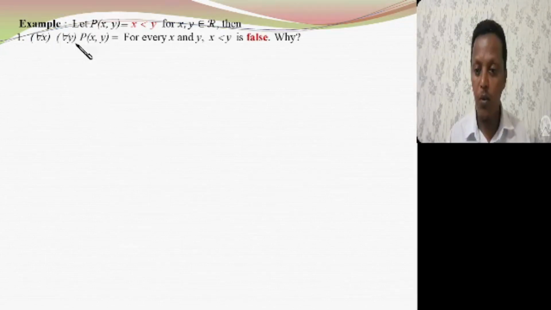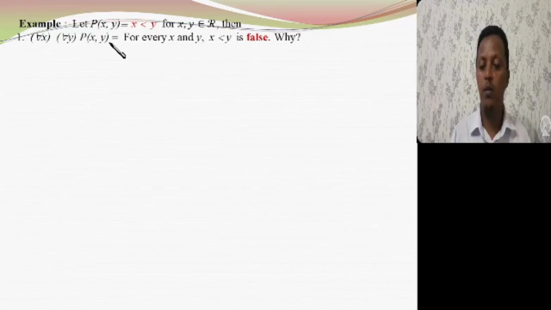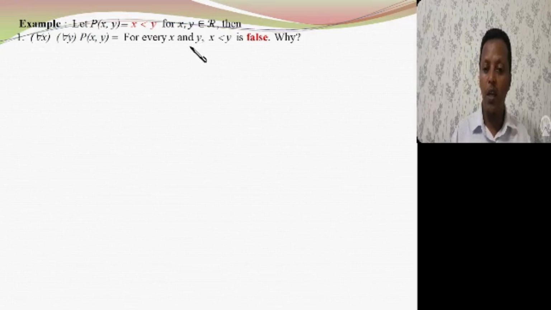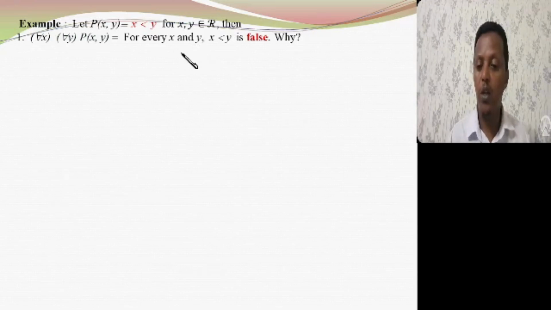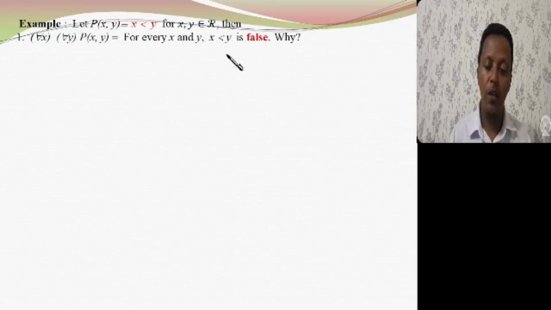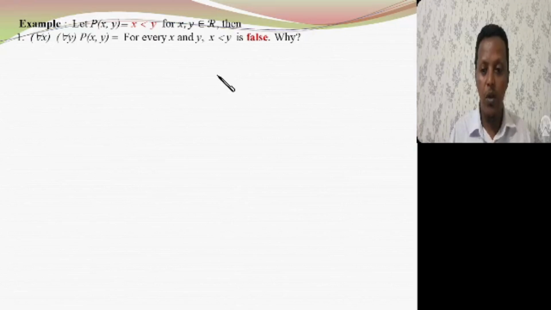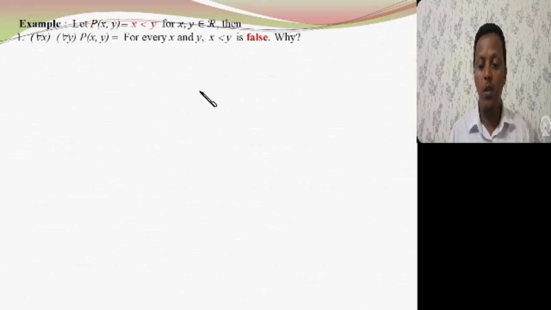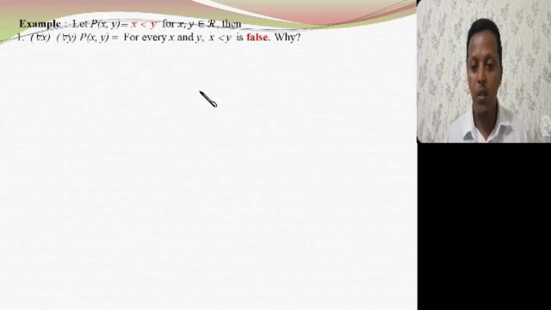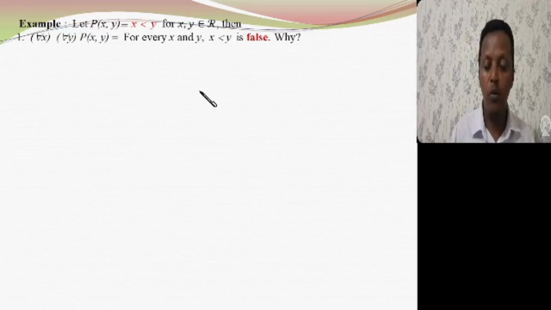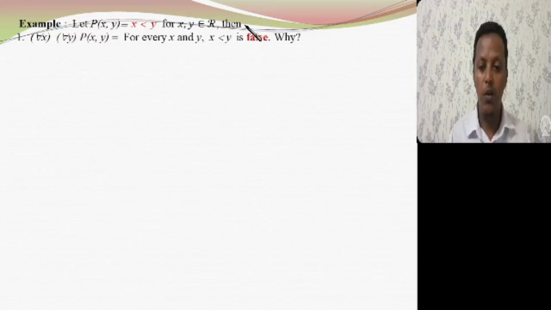So for all x, for all y, P of xy. What is the meaning? For every x and every y taken from the real numbers, x is less than y, which is false. Because it will not work for every x and for every y. If I take, for example, 0 for x and minus 1 for y, 0 less than minus 1 is false.